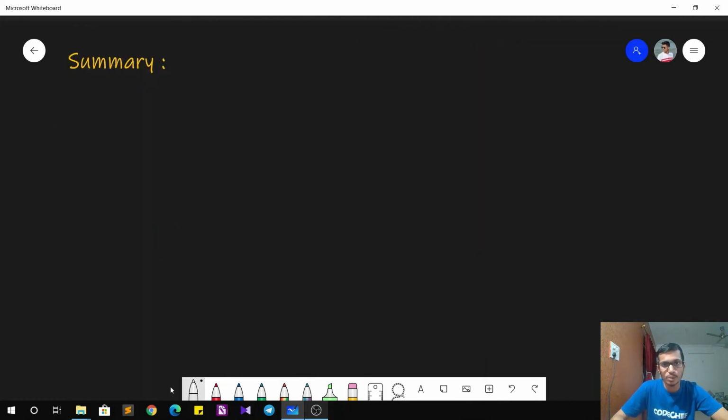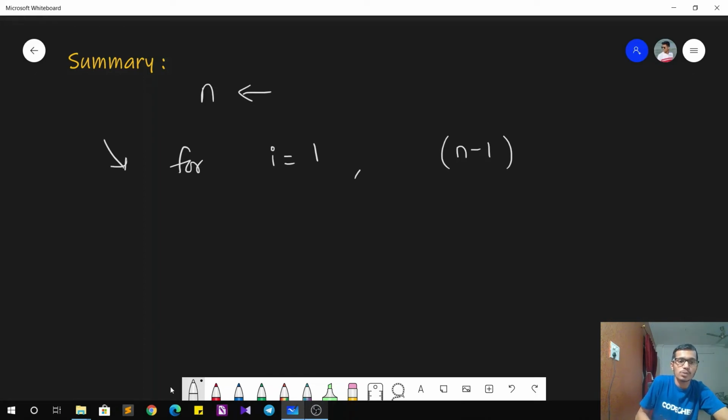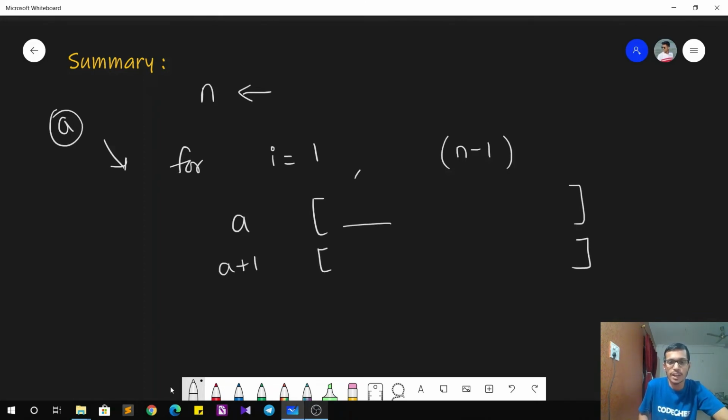Now, to summarize our solution approach, first we would be taking the input of n, then we run a loop which goes from i equals 1 to n minus 1, and these are nothing but the values for A. And each time we find the divisors of A, we also find the divisors of A plus 1, and we count from these two sorted lists what are the possible pairs of x dash comma y dash such that A and B are in the range of 1 and n, and we do this for all the values of A from 1 to n minus 1.